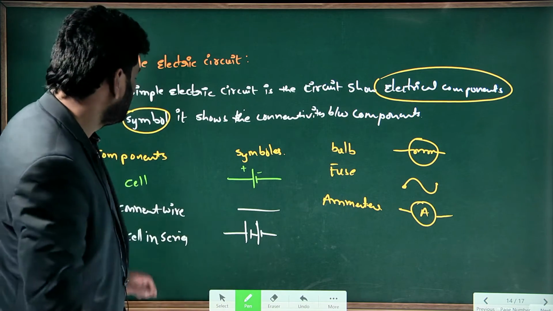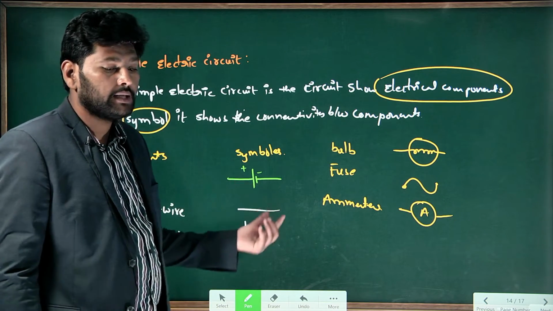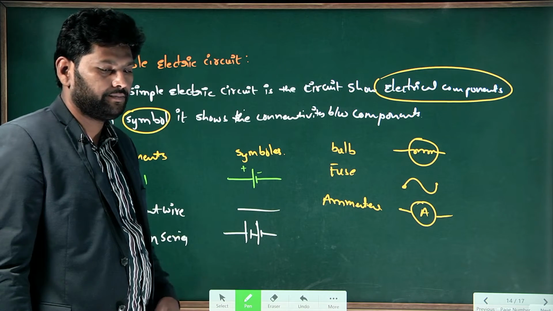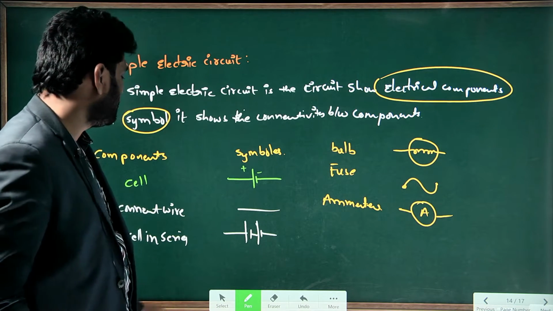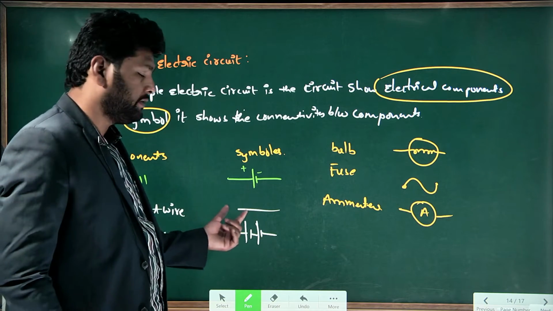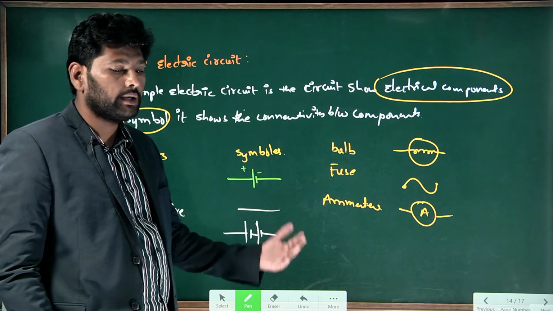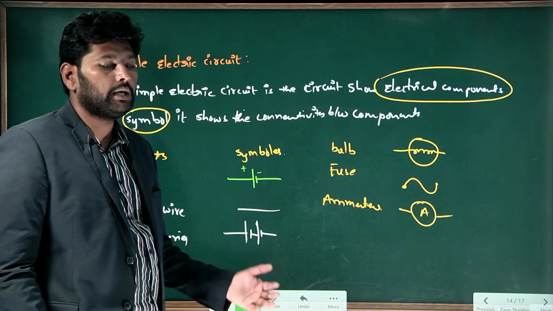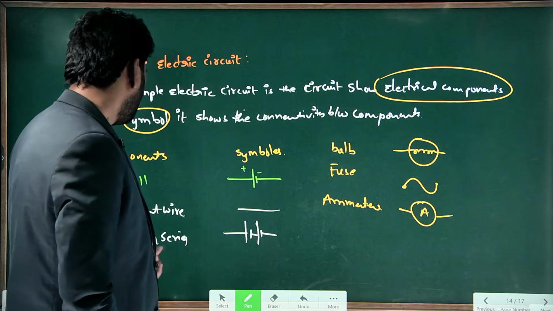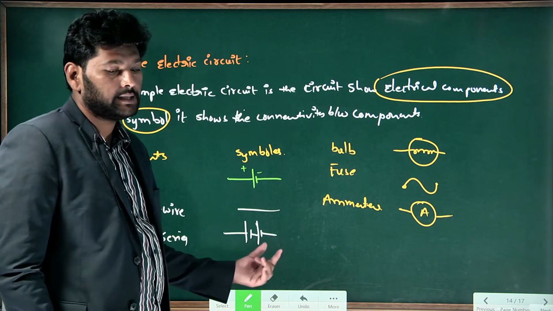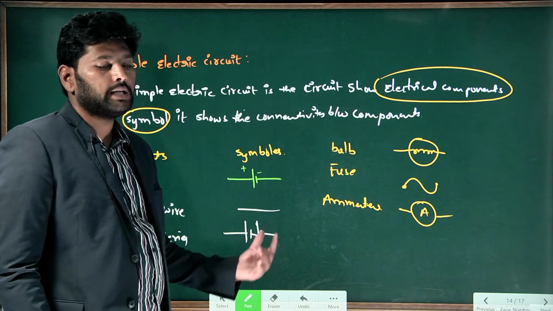Here the cell acts as a power source for the network, and the wires are used to connect the electrical components. And next, cells in series are also used as a power source.